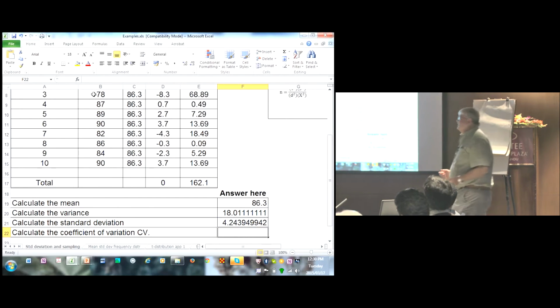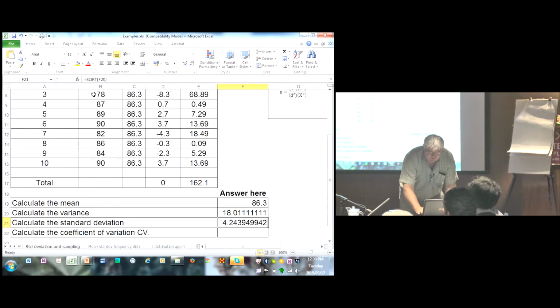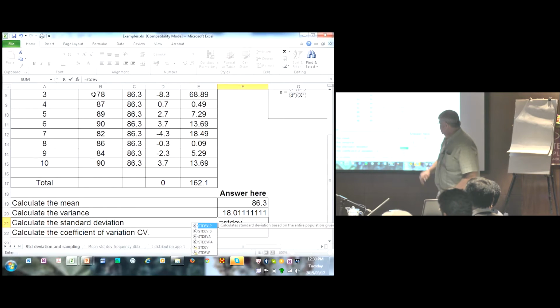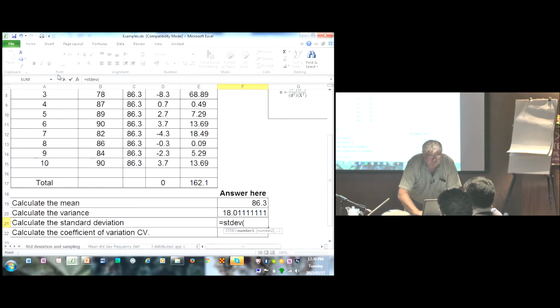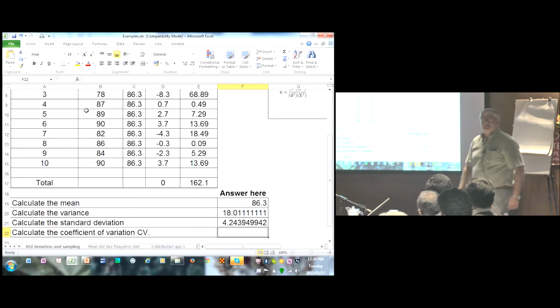But Excel is cleverer than I am. If I put in there equals STDEV, in other words, standard deviation, and I mark my sample, I get the same number.